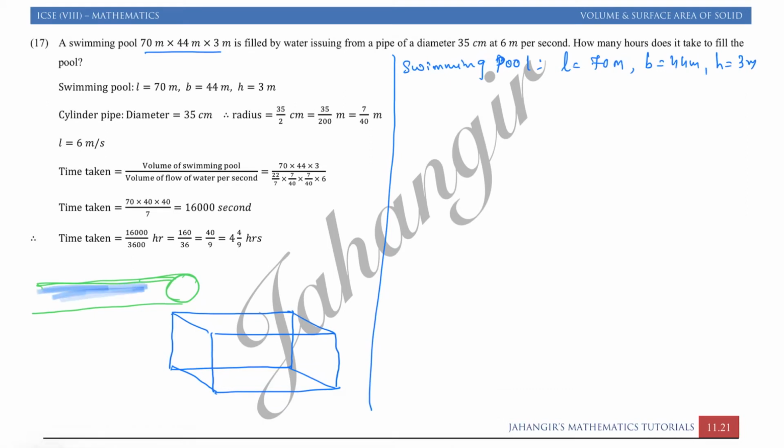Let's say water is issuing from outside, so whenever water comes, it takes the shape of the cylinder. It will take the shape of that same cylinder. If you just see here, you will get the same circular shape.